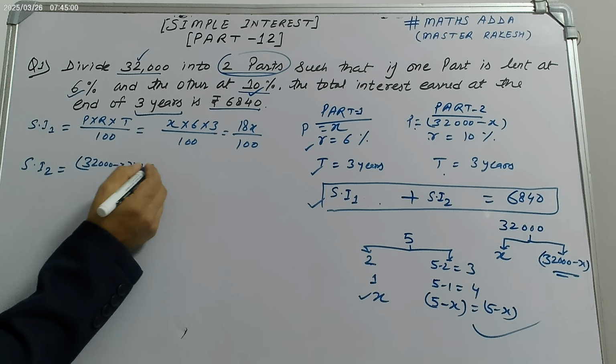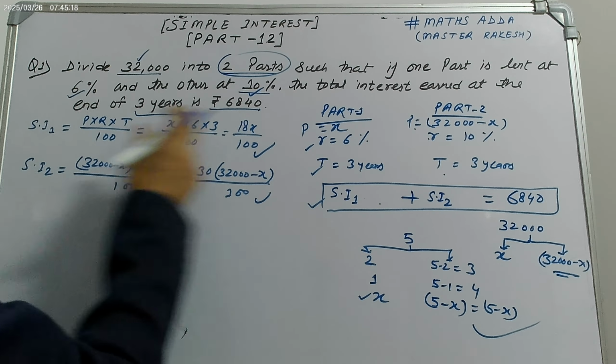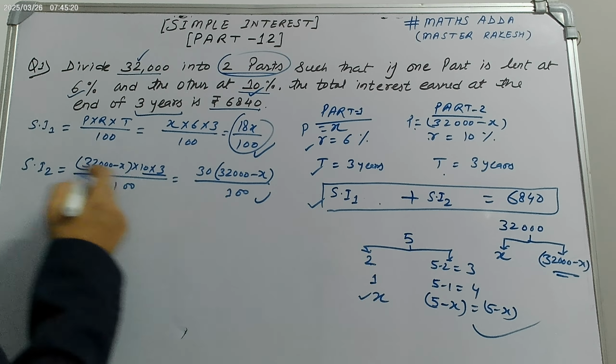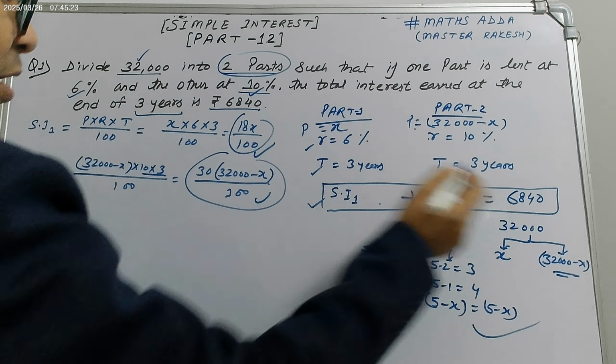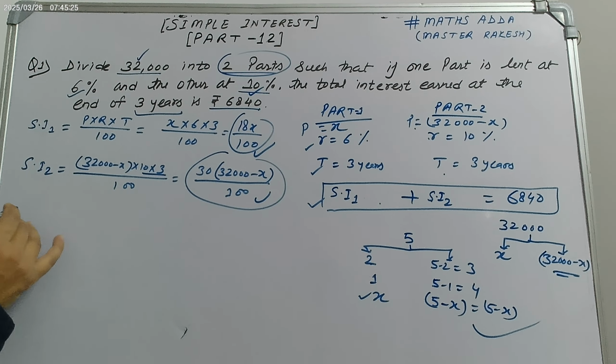You have got the value of SI1 plus SI2. So put the value of SI1 here, put the value of SI2 here, and make it equal to 6840.